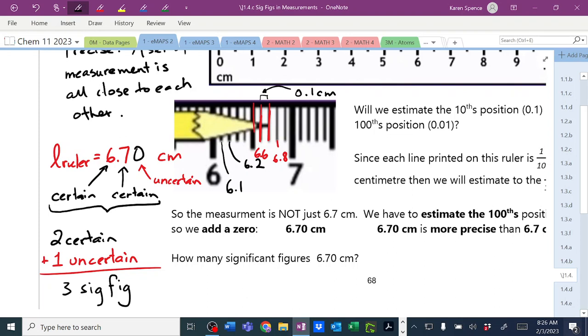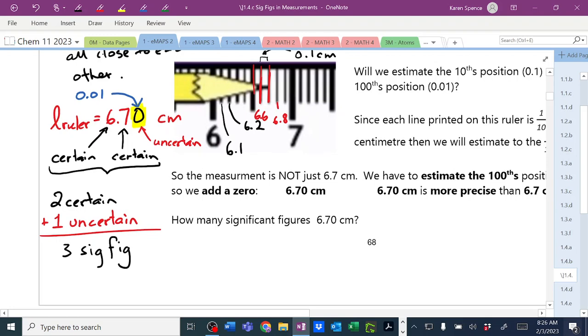Now, let's rewrite this measurement with the quote-unquote uncertainty in it. Remember, here is our uncertain digit. It is in the hundredths position, the 0.01 position.